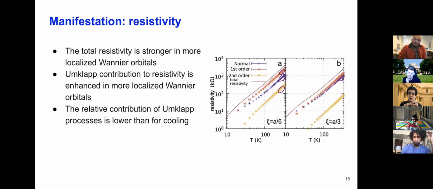So in the resistivity, they are relaxing momentum, and Umklapp and normal are the same, but in cooling, they are taking energy out of electrons, and an Umklapp phonon is much better at relaxing energy and getting it out of the electronic system.